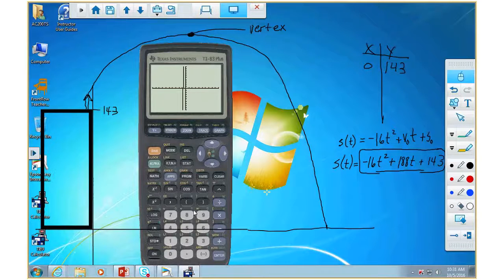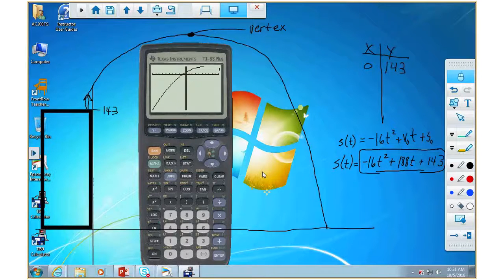What's the other one? Let me look at zoom. There's another zoom that you can use. It's not zoom standard. Zoom fit. There you go.